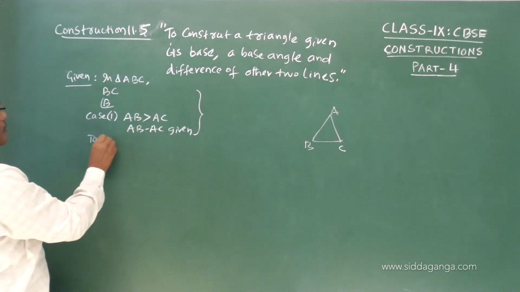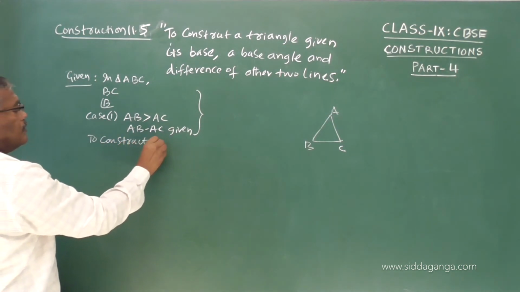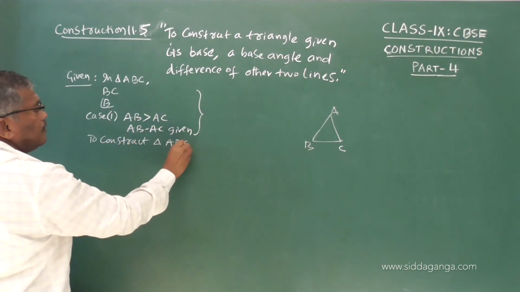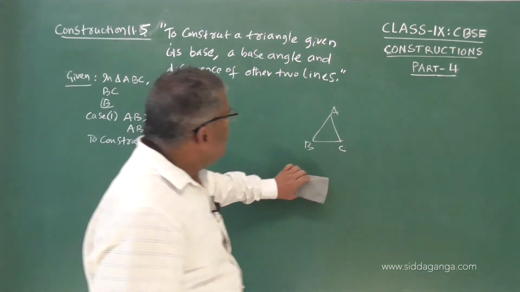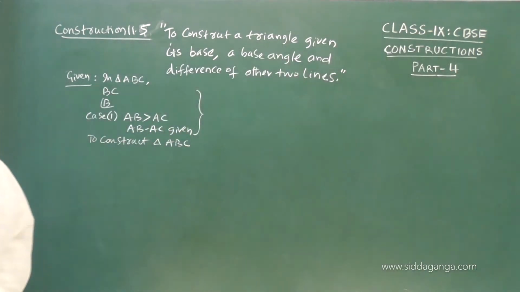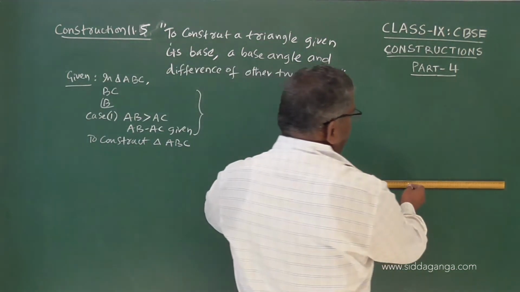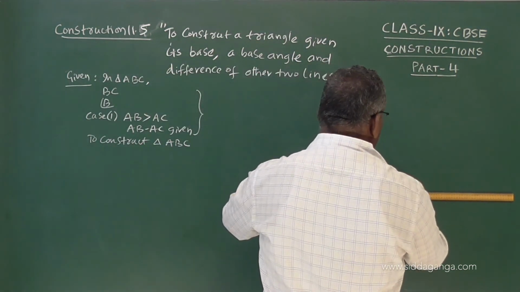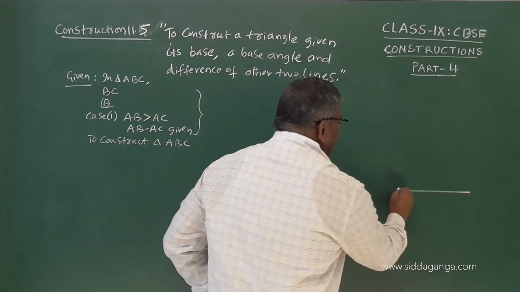So, this is the given data, to construct triangle ABC. This is our task now. Anyway, BC is known. First we will draw BC. So, this is the base BC that is given. It is drawn.